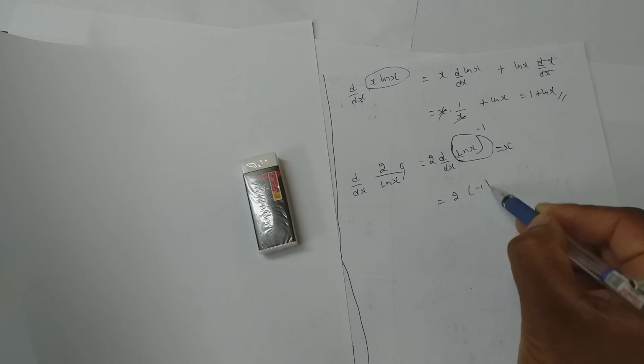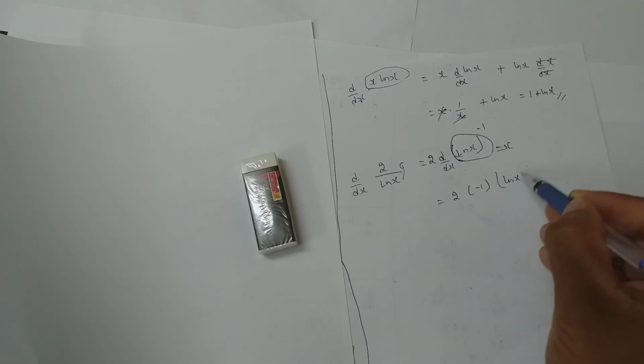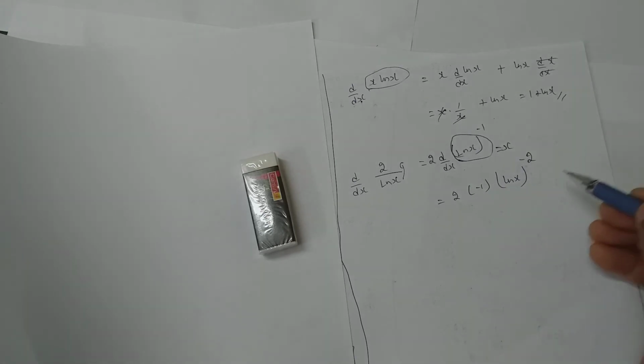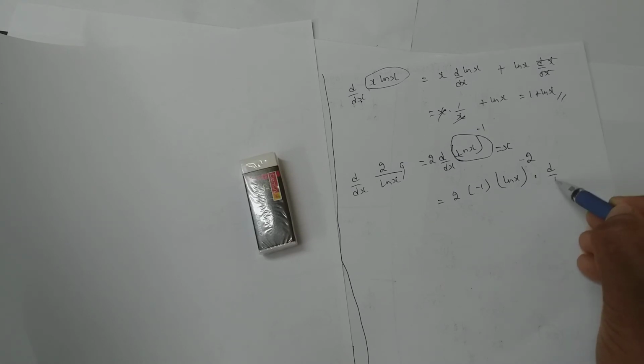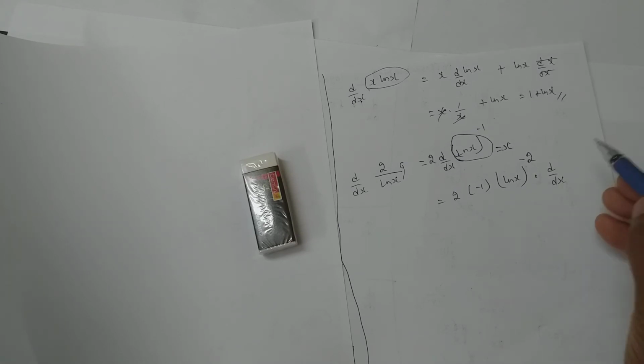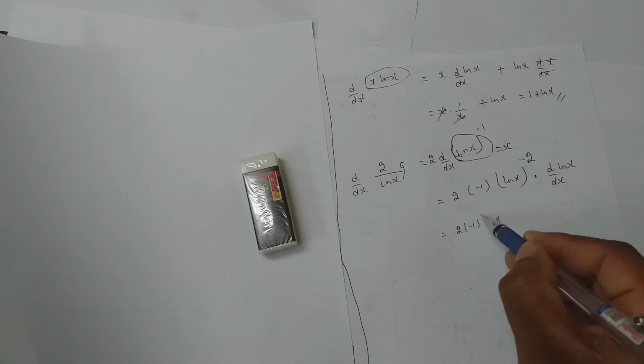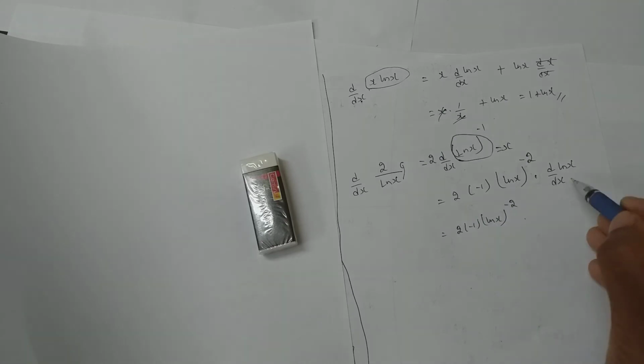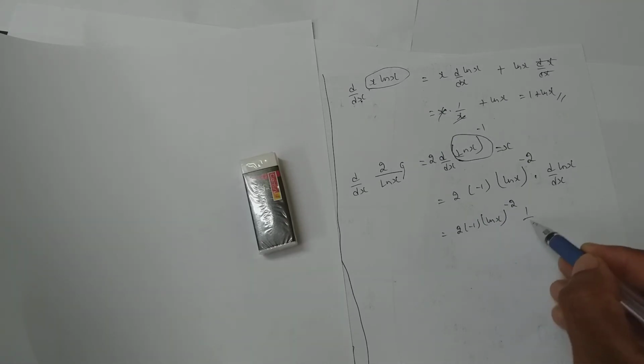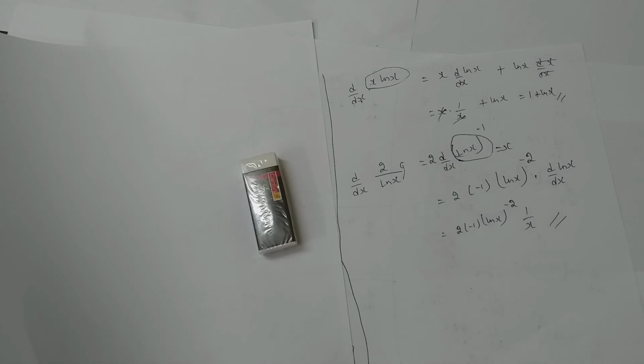So it is minus 1 into ln x power minus 2, into d by dx of your assumption, which is ln x. You should not forget differentiation of your assumed one. Again and again I am saying it. So it is 2 into minus 1 into ln x power minus 2 into d by dx of ln x, which is 1 by x. Sum is done.